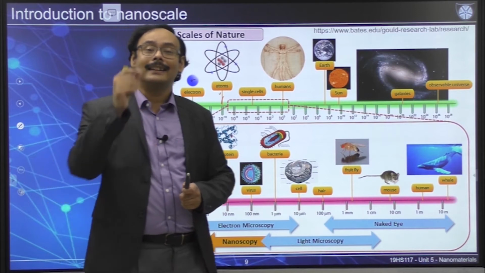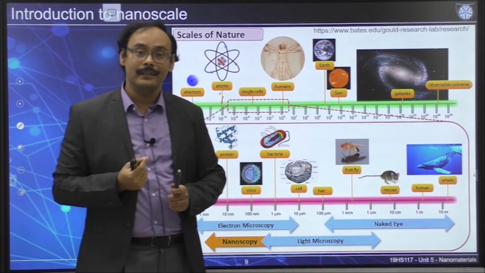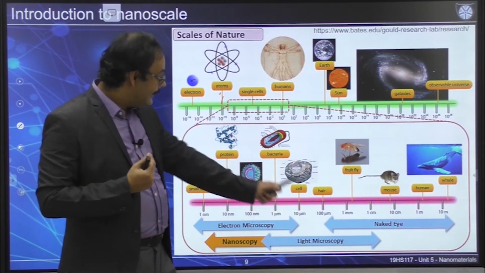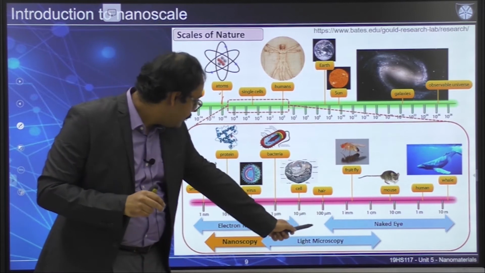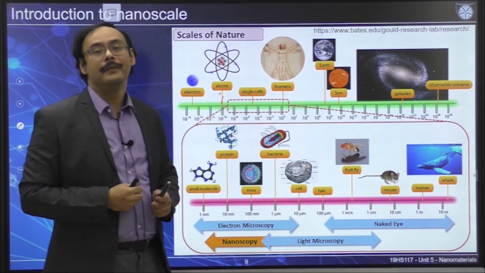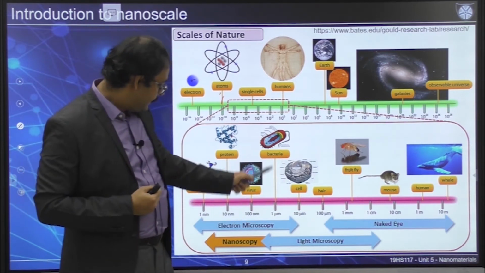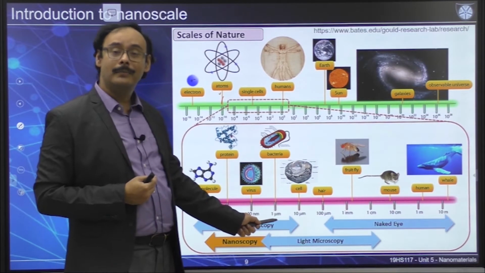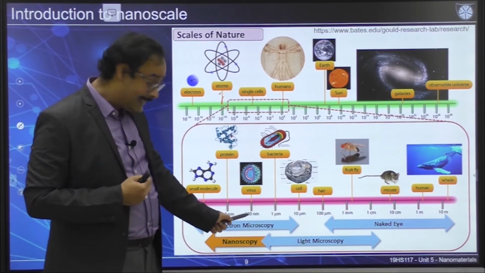You can understand the thickness of hair, that is also something you cannot see by naked eyes, right? So that is around 100 micron, no way close to nanoscale. Once you go to a cell, which our body or every living organism has, that's about 10 micron. Bacteria is about 1 micron. Virus is about 100 to 200 nanometer.